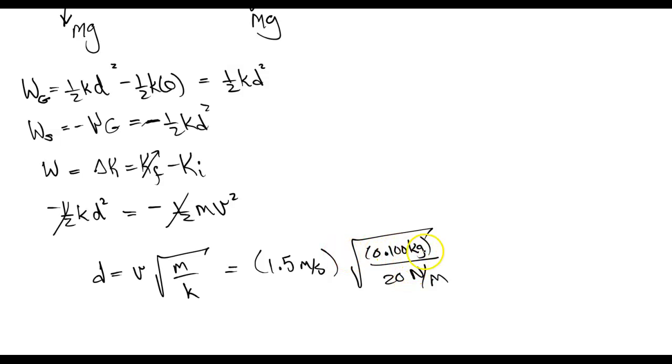And a newton is a kilogram meter per second squared. So this is going to cancel out with nothing but seconds on the top, and that cancels this second, leaving us with meters. And this gives us about 0.106 meter, or 10.6 centimeters.